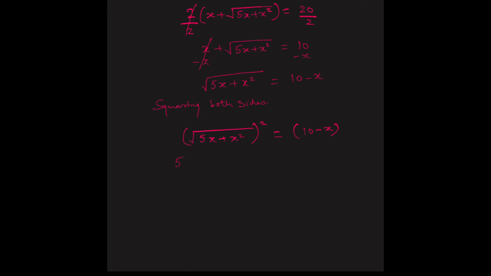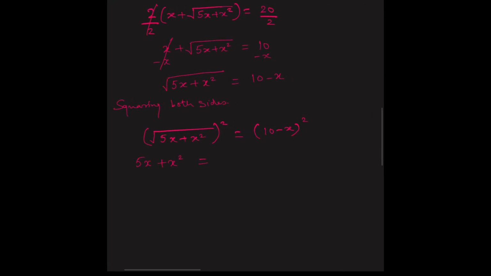Square and square root will cancel, so we have 5x plus x squared, and on the other side we will use the same formula again, a minus b whole squared is equal to a squared minus 2ab plus b squared.